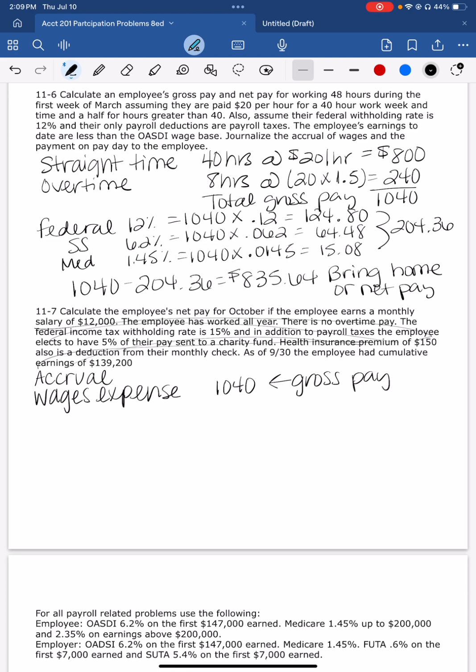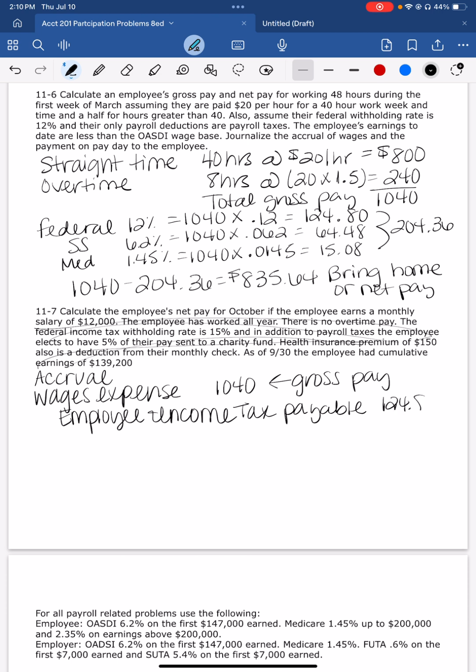And then we're going to have our taxes and our net pay. All of these go into liability accounts because they're things that we owe. So you're going to make sure that you add the word payable at the end of these.